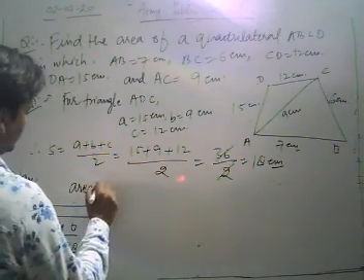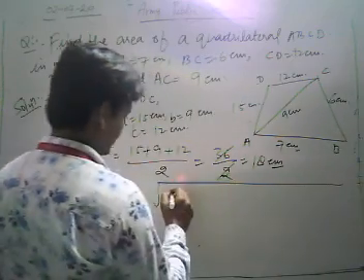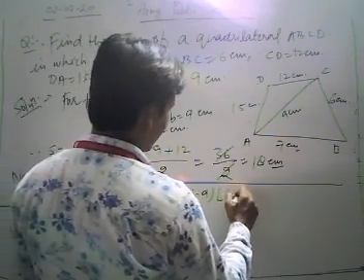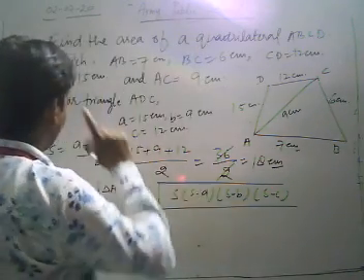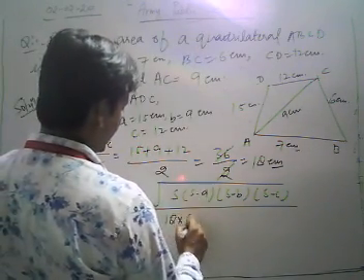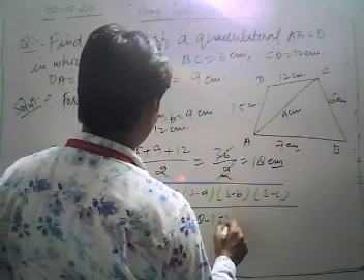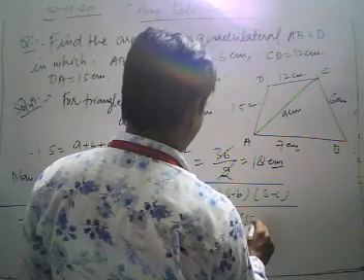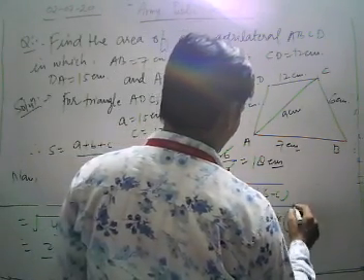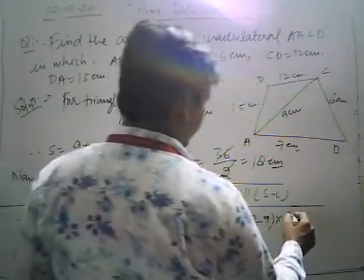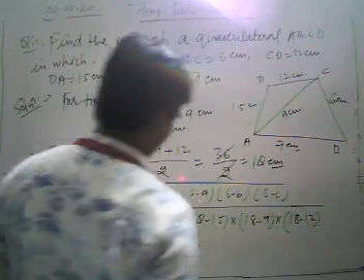The area of triangle ADC is equal to the square root of S into S minus A, S minus B and S minus C. So here the value of S is 18, into 18 minus A, 15, into 18 minus B, B means 9, into 18 minus C, C means 12. So we get what?